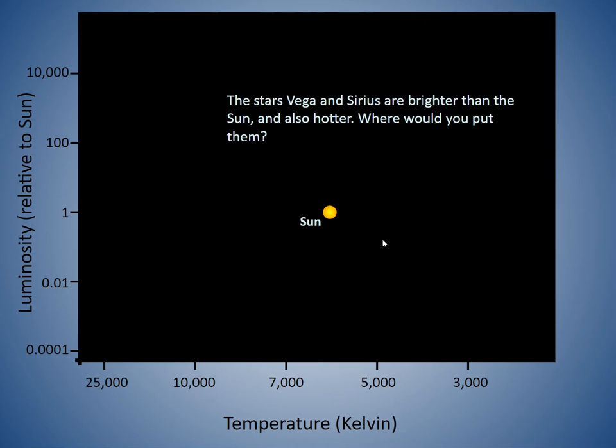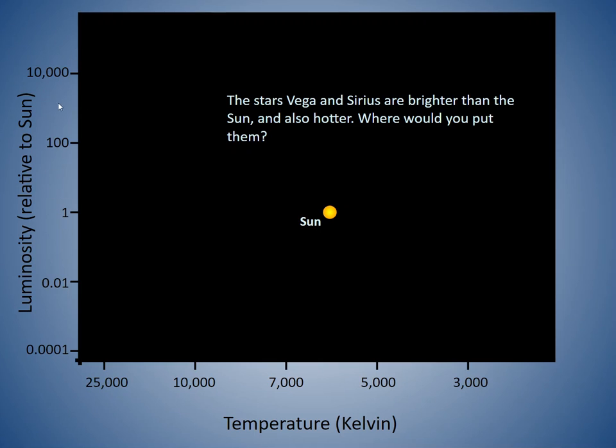Okay, Vega and Sirius are 2 stars that are brighter than the sun and also hotter. Okay, so we're starting here at our sun. Let's do luminosity first. It's brighter, so do I go up or down? Yep.